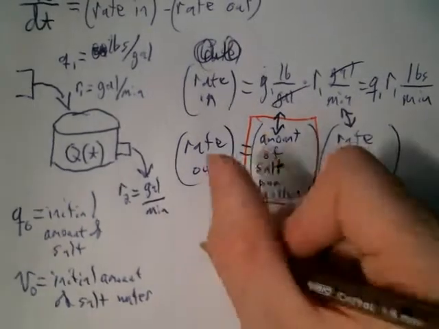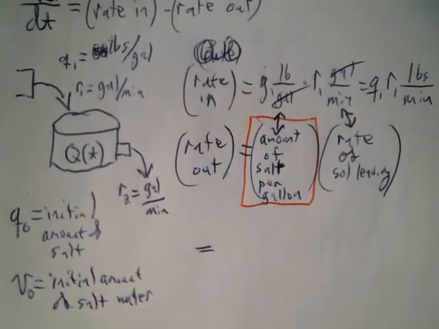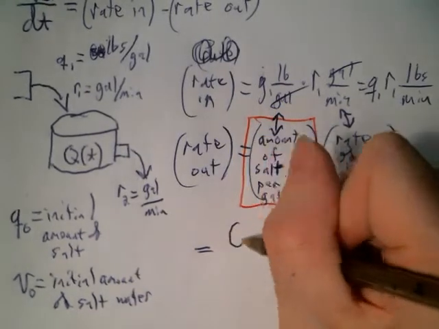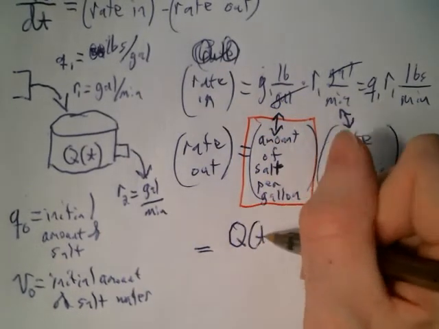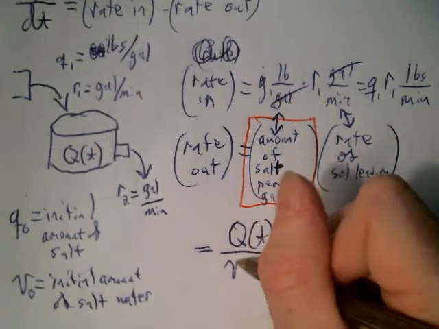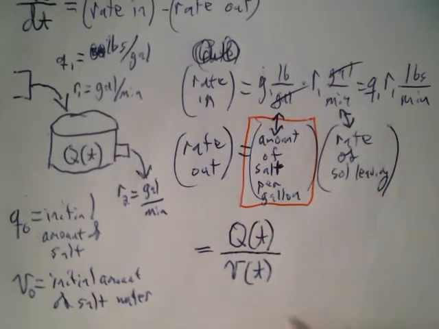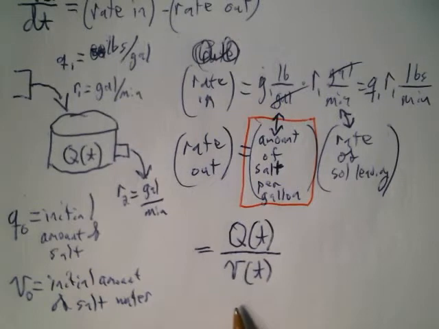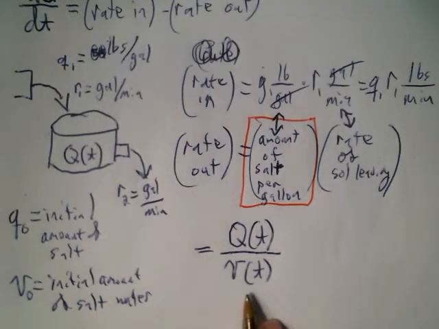I can write the concentration as Q of t, the amount of salt in the solution at a given time t, divided by V of t, the amount of salt water in the solution at any given time t.